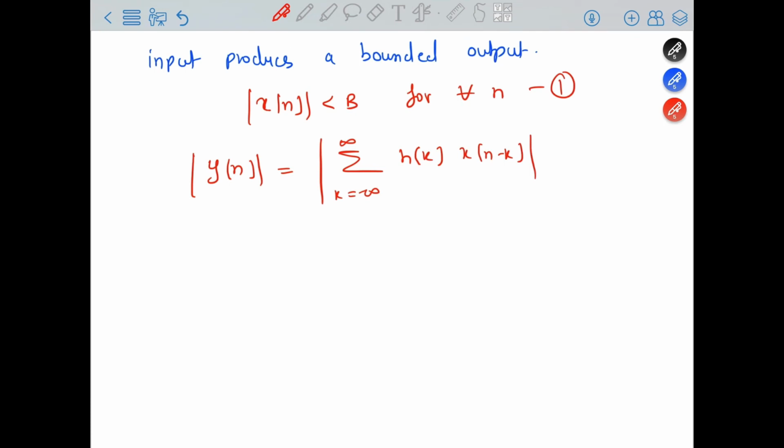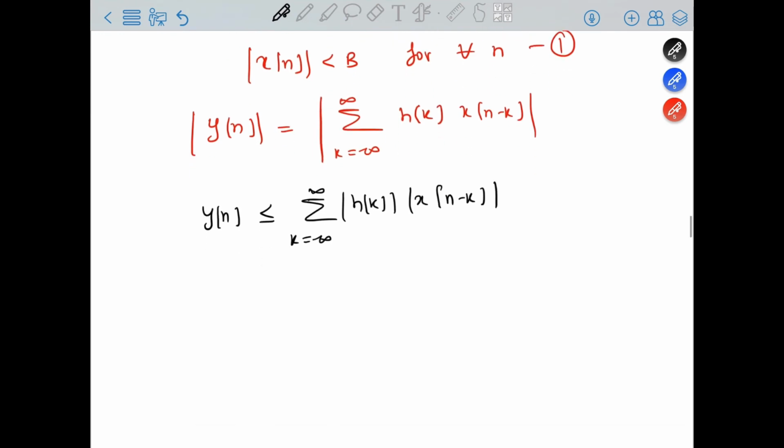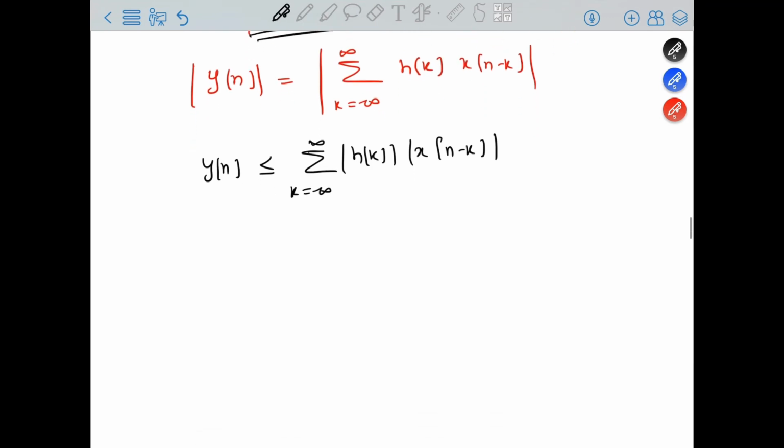From the property that the magnitude of the sum of a set of numbers is no larger than the sum of the magnitudes of the numbers, we can write |y[n]| less than or equal to the sum from k equals minus infinity to infinity of |h[k]| times |x[n minus k]|. From equation 1, we can say that |x[n minus k]| is less than B, because the input is bounded, for all values of k and n.